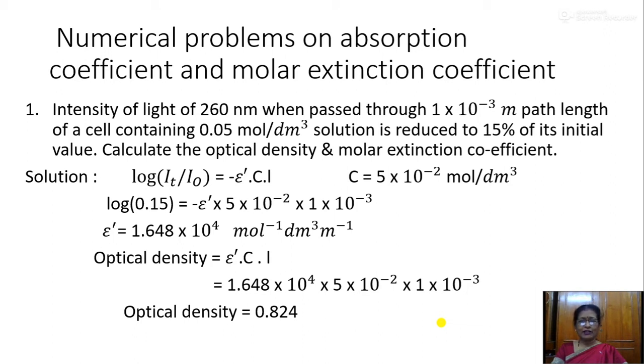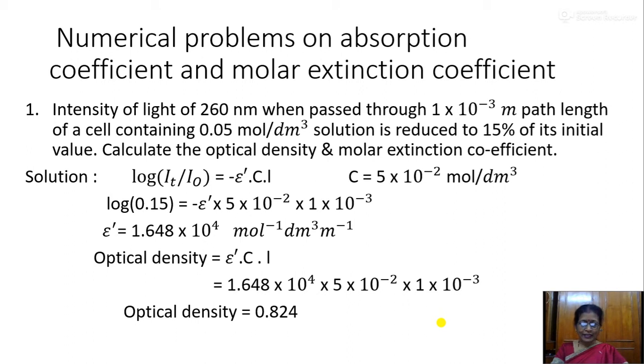When you calculate, this is equal to 0.15, which is equal to minus epsilon dash into C, which is 5 into 10 to the power minus 2, into l, which is 1 into 10 to the power minus 3, the path length. Epsilon dash is equal to 1.648 into 10 to the power 4 per mole per dm cube per meter.